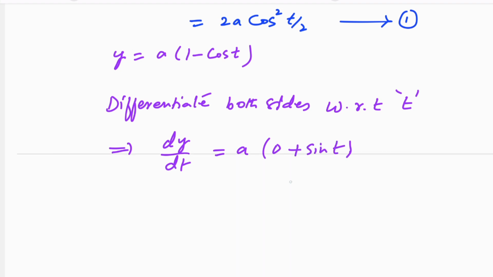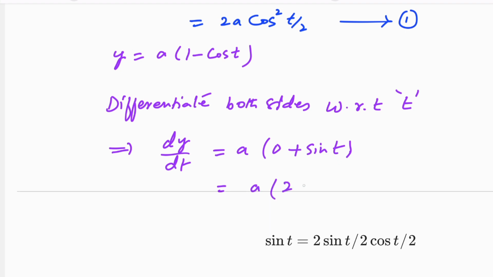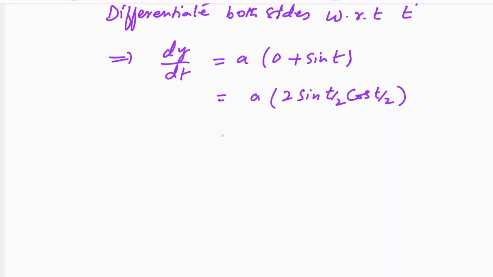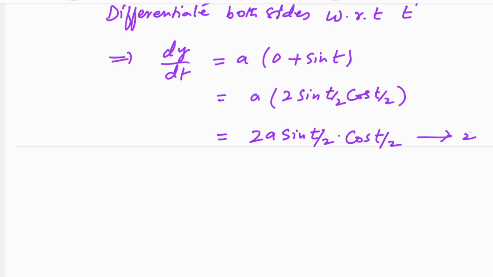Now a sin t can be written as 2a sin t/2 cos t/2. So the final answer for dy/dt is 2a sin t/2 cos t/2. Let this be equation 2.